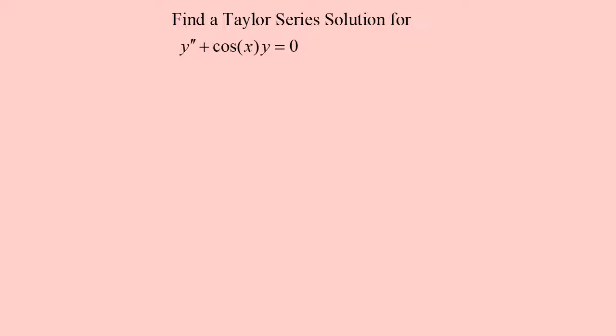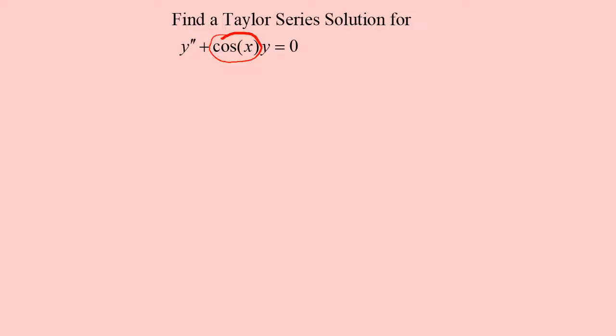Now I'll show you how the Taylor series method works using this second order equation. And notice here that our coefficient is a transcendental function instead of a polynomial, which would make the algebraic method quite difficult.